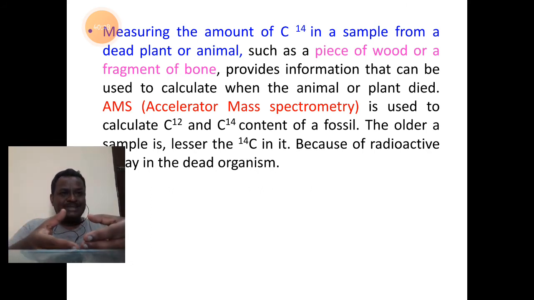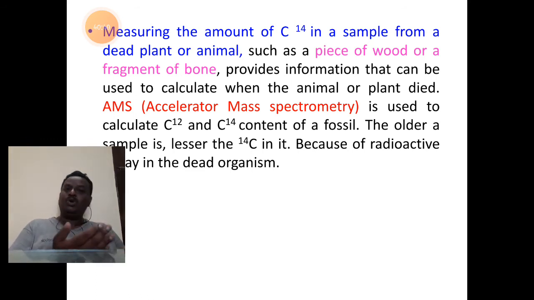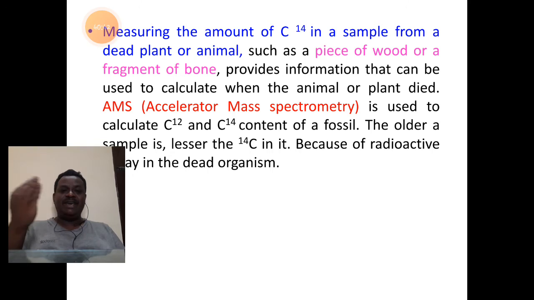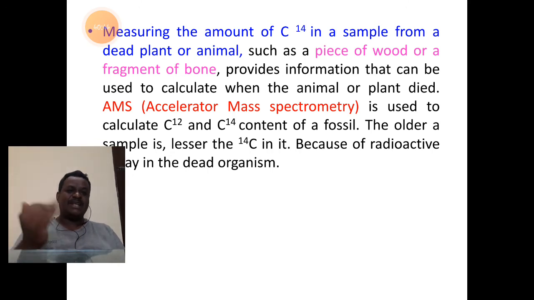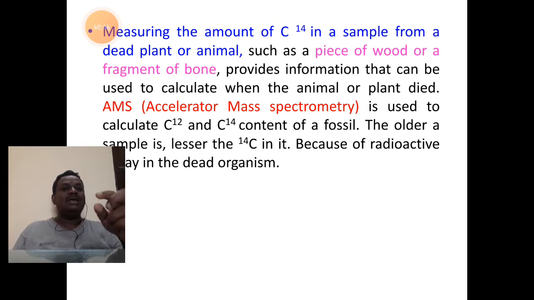So the piece of wood or a fragment of bone or any part of the fossil that we excavate will be taken out, and we count the C12 and C14 ratio, both in the fossil as well as in the living organisms in the present condition, by using the accelerator mass spectrometer.